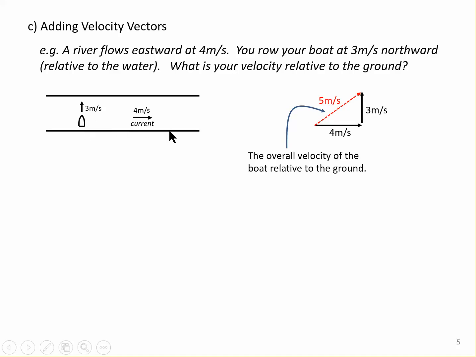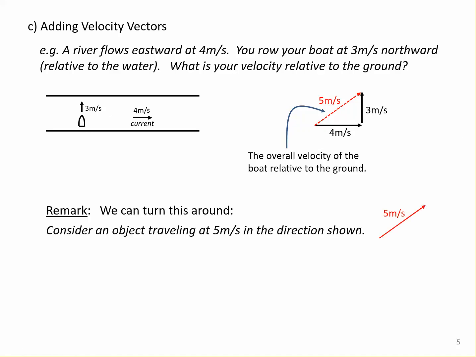You're going to add up the velocity of the current plus your velocity relative to the current. And when I add up this vector plus this vector, that tells me my velocity relative to the ground. So in other words, the motion of the boat is going to look like it's moving in this direction at a rate of 5 meters per second.